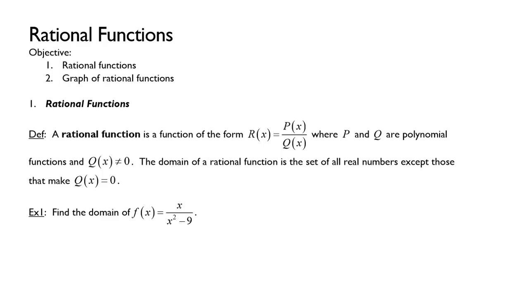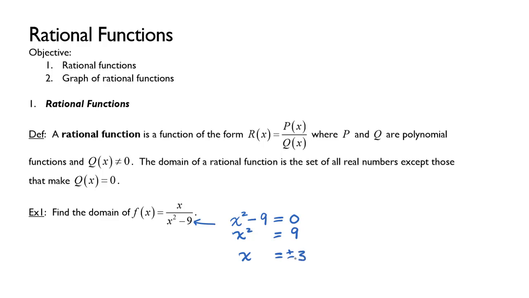Let's take a look at f of x as our first example, where we have f of x equals x over x squared minus 9. We need to find the domain, so we ask ourselves, what would make x squared minus 9 equal 0? x squared equals 9 means that x equals plus or minus 3.